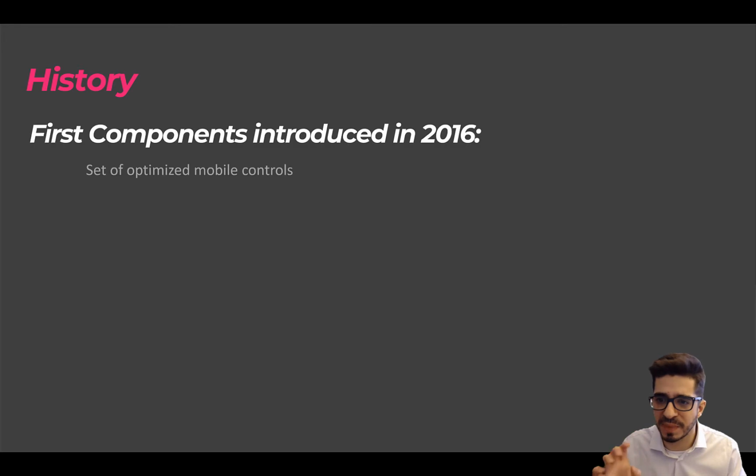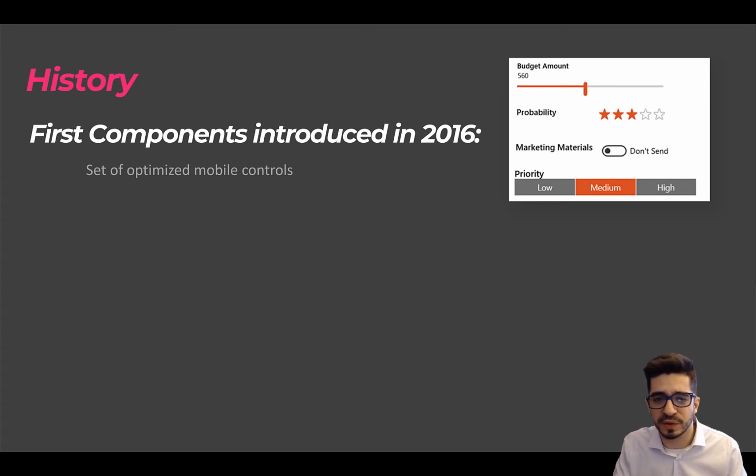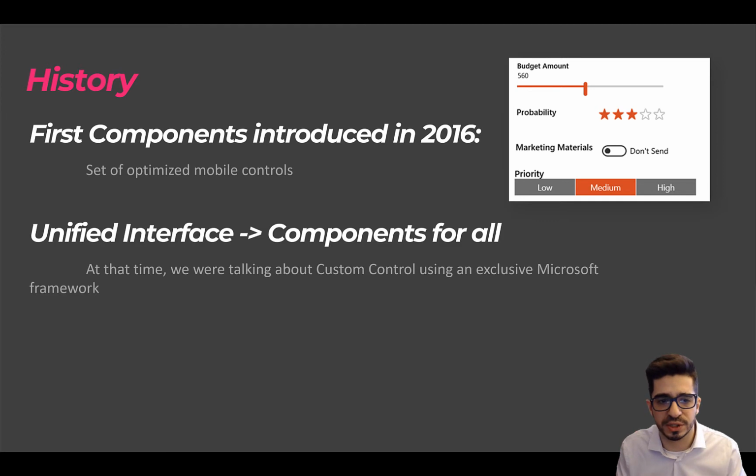So the first component concept arrived in 2016 with optimized controls, especially for mobile devices. And after the release of the Unified Interface, the first custom controls appeared for Dynamics 365, which can be visible on mobile, tablet, and more traditionally on the web client.